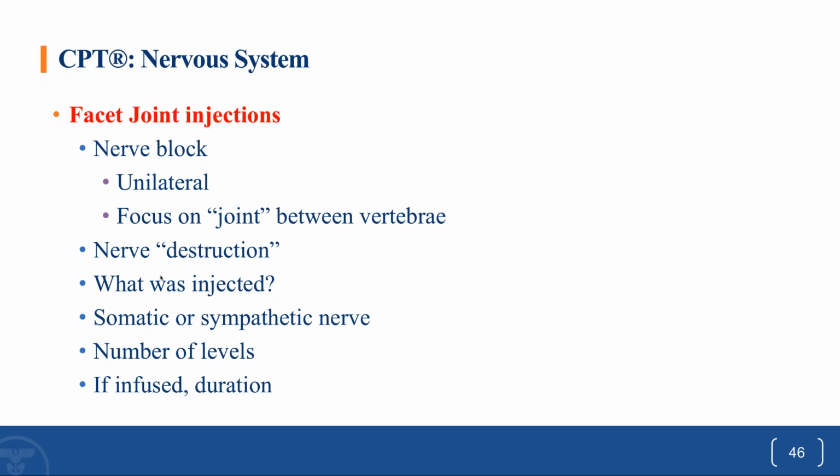And remember, I spoke about if it was done on both sides, you'd use modifier 50. Don't forget that. If the facet joint injection is performed on both sides, you would use modifier 50. And then you'll also want to know how many levels, because if it says 2 levels, then you'd have 64493 and 64494.